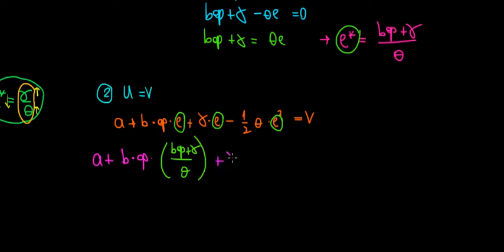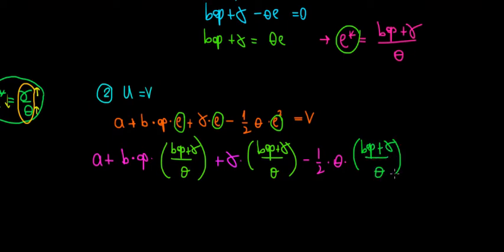We have plus gamma times another effort level, so B theta plus gamma divided by theta, minus the cost of effort. So minus 1 over 2 times theta times the effort level to the power of 2, one more green, B theta plus gamma divided by theta, to the power of 2. All of this equals the alternative utility V.